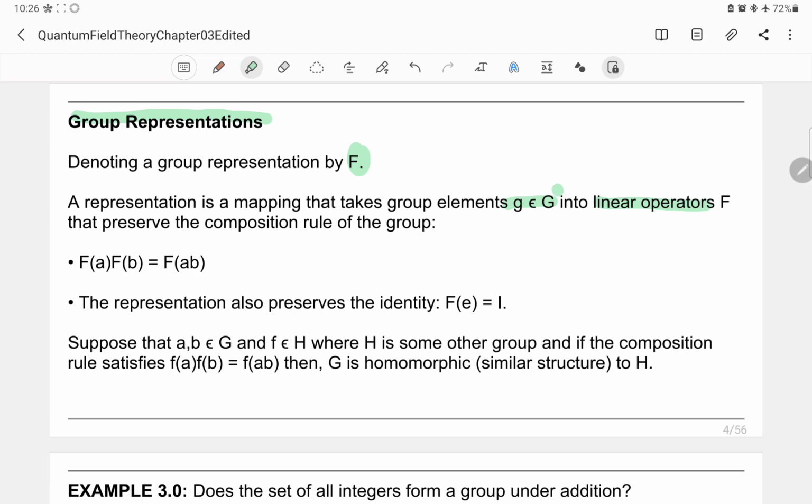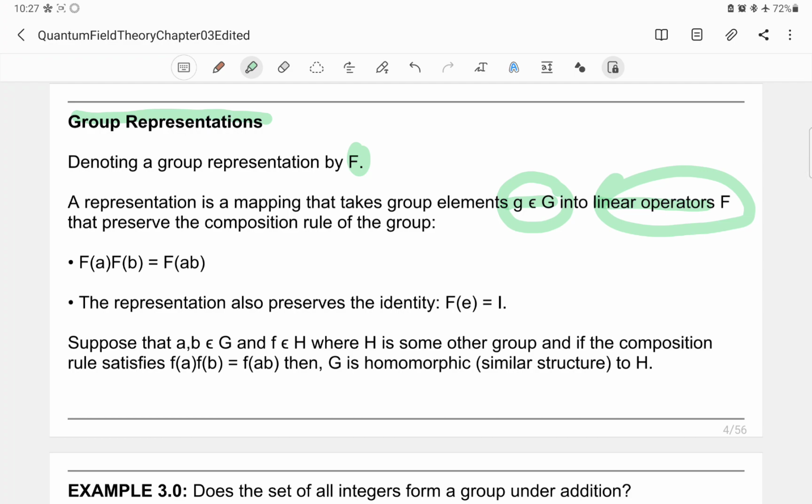Say, for example, this G is just an example, maybe just pure numbers, and the linear operators F in a group representation could be functions, for example.